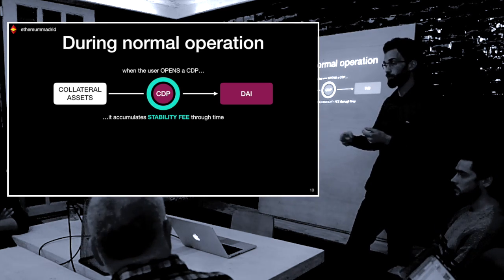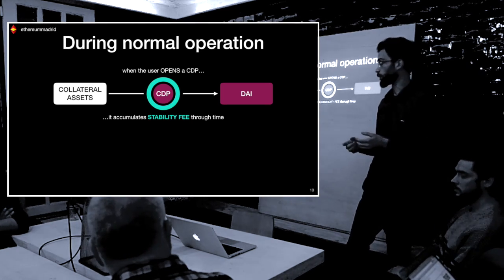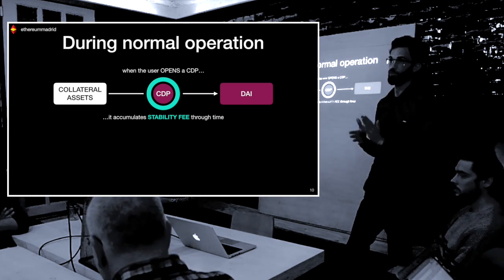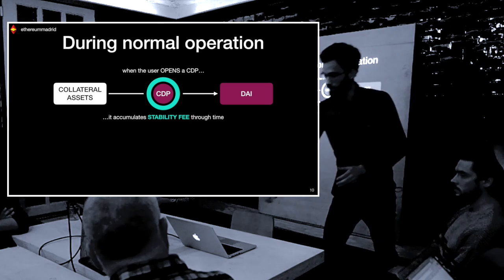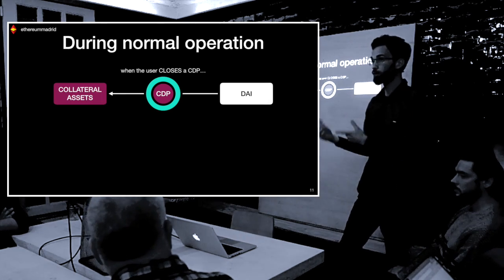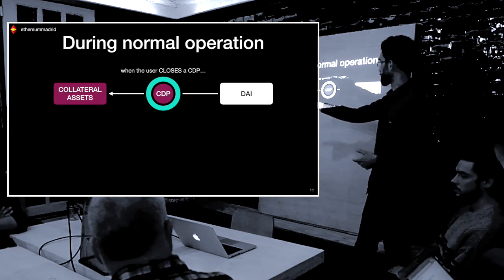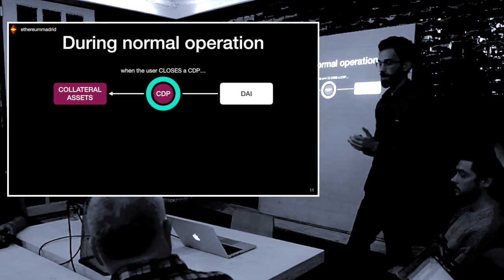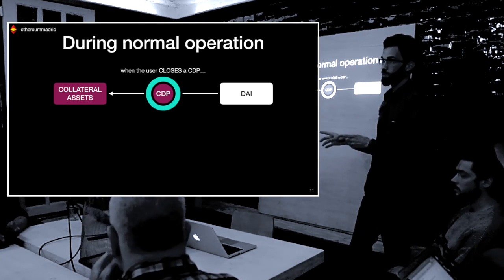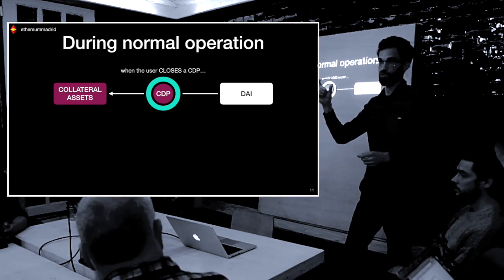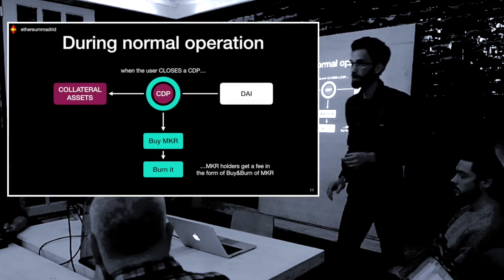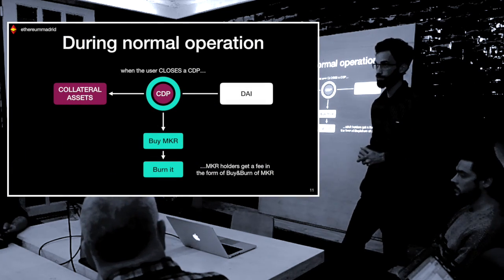So the longer you leave a position open, the more stability fee will be accumulated into that smart contract. Which also means that when you want to close that position, the stability fee will be registered in the smart contract. And this stability fee, which is a small percentage of DAI in the end, will be used to buy MKR from the market and burn it.